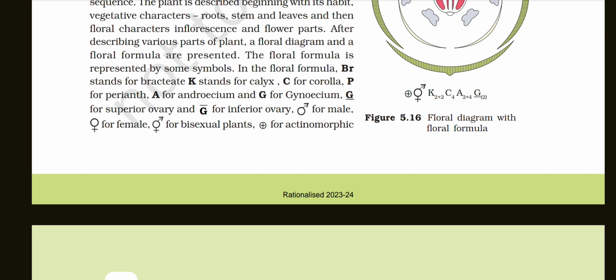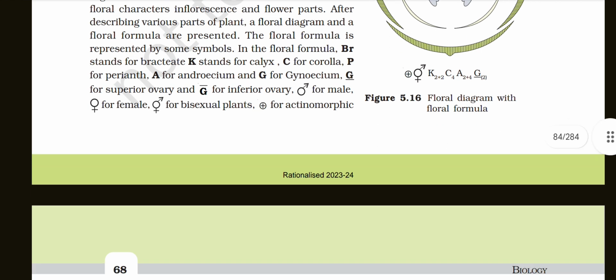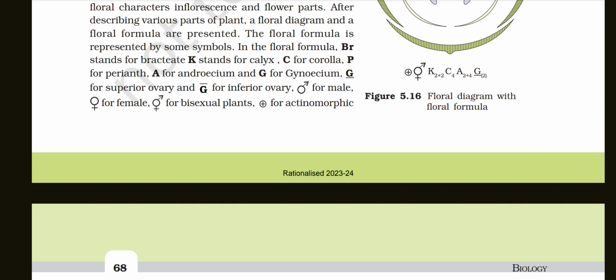The floral formula is represented by some symbols. Br stands for bracteate, K stands for calyx, C stands for corolla, P stands for perianth, A stands for androecium, G stands for gynoecium, G with a line below stands for superior ovary, G with a line above stands for inferior ovary, a circle with an arrow stands for male, and a circle with a plus sign for female.